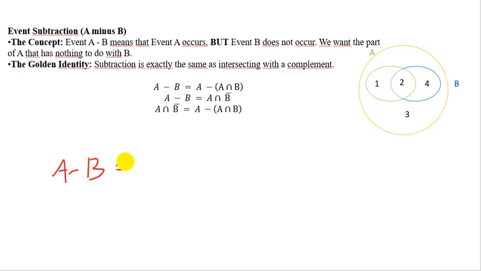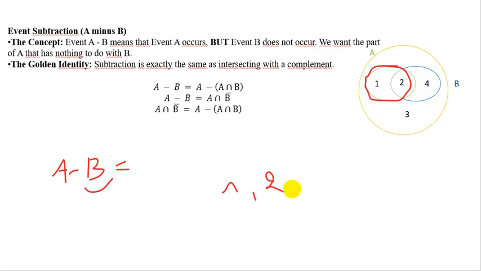What we want here is actually anything in A, but we need to remove what we have in B. So what do we remove here? For example, we want anything in A, so it's 1 and 2, but we don't want what we have in B, what we have in B and A at the same time.